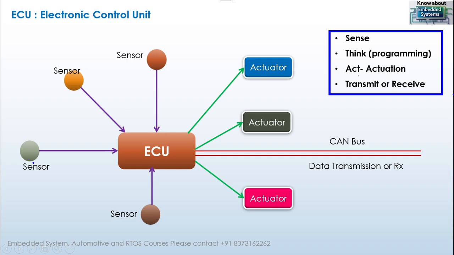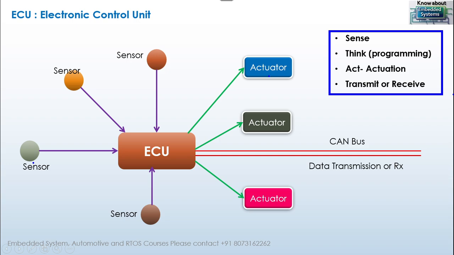The third part is act, nothing but actuation. Based on the sensor information, we have to trigger some actuations. The best example is your airbag system. As soon as the vehicle meets with an accident, the airbag should immediately open. That is called act. And whenever engine speed exceeds or engine temperature goes to a higher level, we have to apply some coolant mechanism.